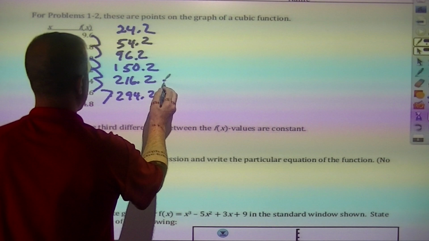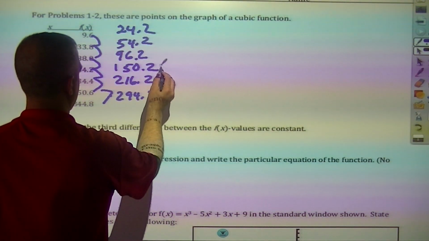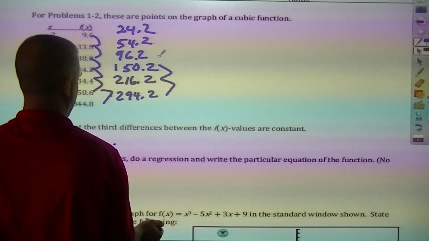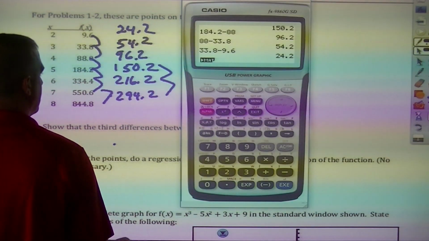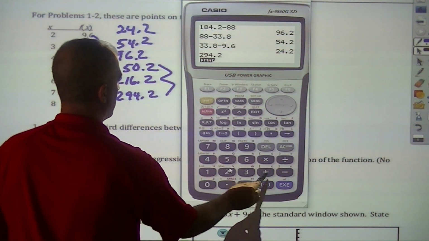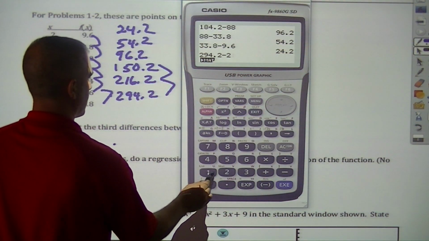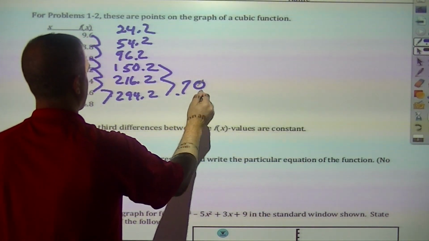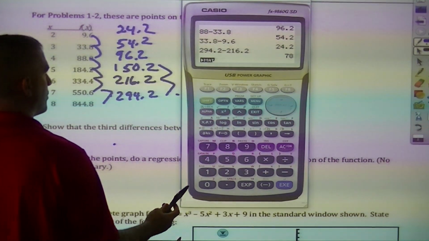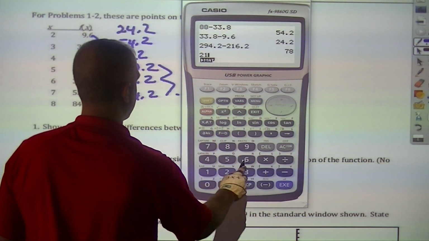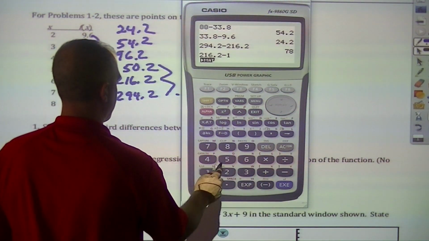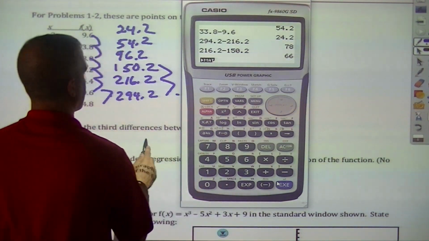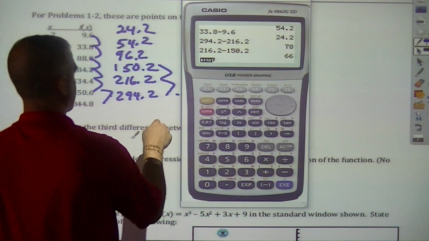So then what I'm going to do is I'm now going to do these. Okay, all right, so I go 294.2 minus 216.2. I get 78. I do 216.2 minus 150.2. I get 66.